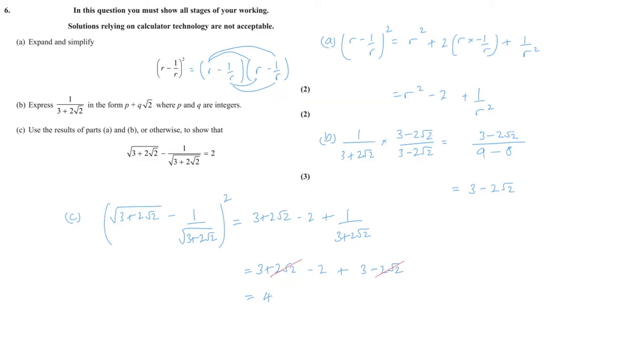And then square rooting both sides. So taking the square root, we get that therefore 3 plus 2 root 2 minus 1 over 3 plus 2 root 2 is equal to 2. And there we have our final answer.